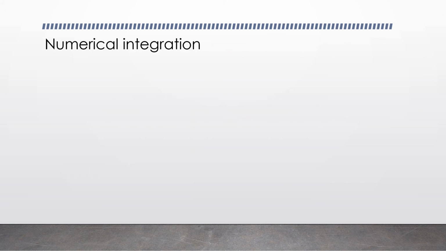My last example of loops is a common engineering problem called numerical integration. Let's say that someone at your company designed an airplane wing that has this shape, and you want to know the exact area of this airplane wing.